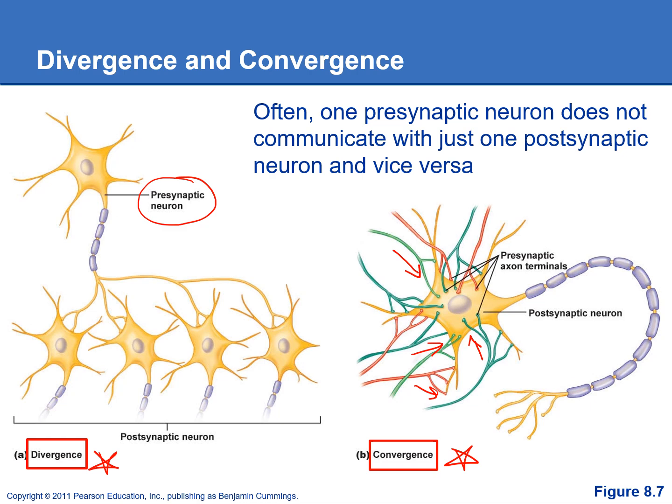So with convergence, we can end up with spatial summation. So a lot of times with spatial summation, you will get hundreds and even thousands of different presynaptic neurons all converging onto the same postsynaptic neuron.